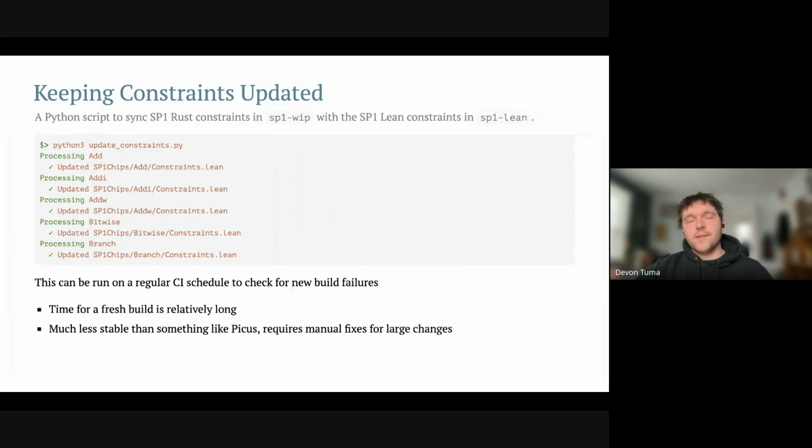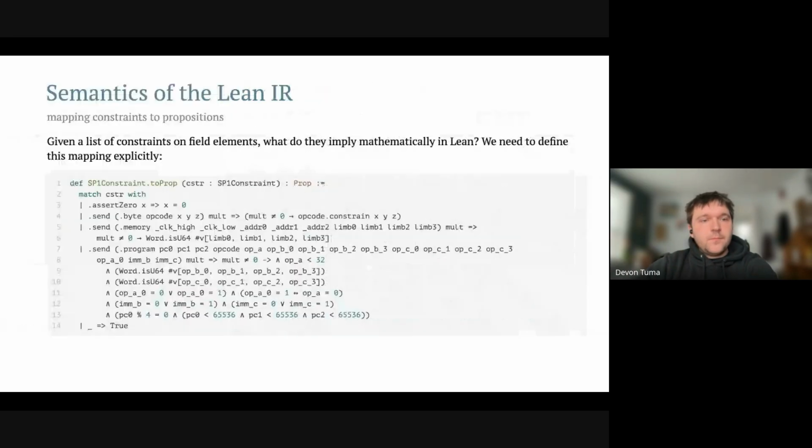There is another backend also developed for using Picus. So there is some flexibility in the extraction, but the actual Lean proofs we end up with are much more brittle than something you get there.